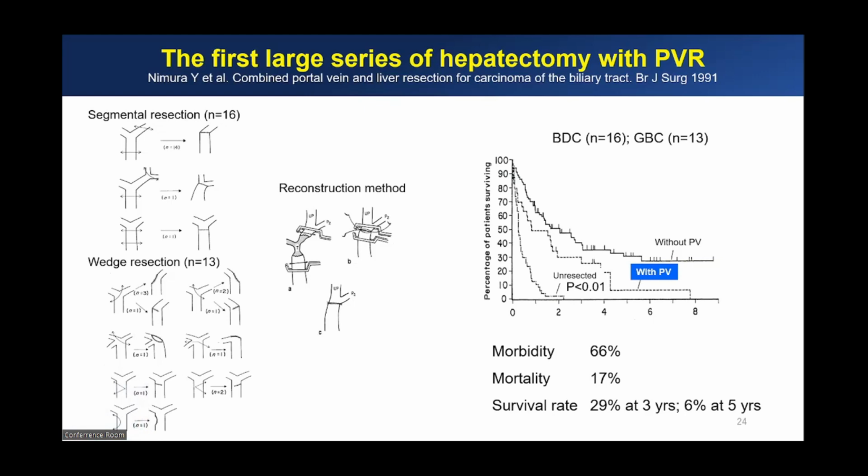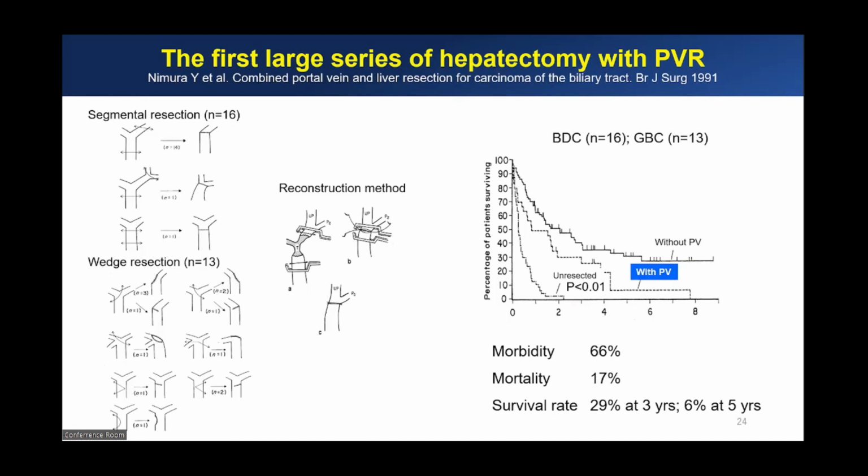So our method is the same as in that period over 30 years ago. But caution should be paid to the mortality and survival rate: only 6% at 5 years in that period, but better than unresected cases. This is the reason why they aggressively performed portal vein resection.